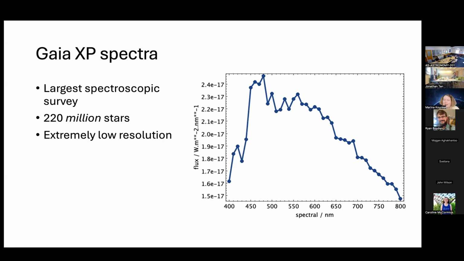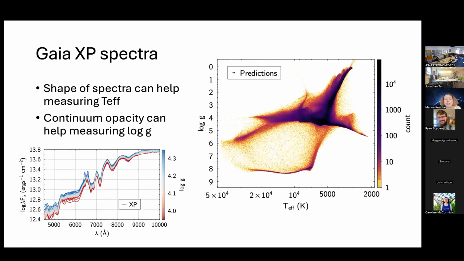So we were kind of skeptical how far we would be able to get. Certainly, we should have been able to get temperatures, but we didn't know how well surface gravities would be able to work. But it turns out you can actually get surface gravities from these XP spectra quite reliably. Because if you were to try to isolate sources to just a narrow range of temperatures, but look at different surface gravities, you can see that there is quite a bit of difference between them.